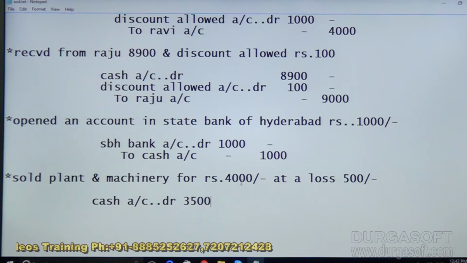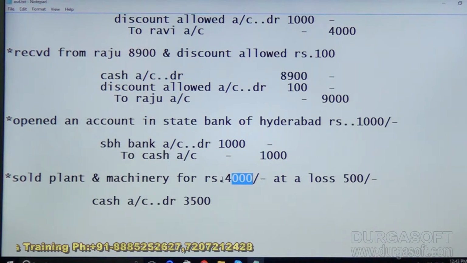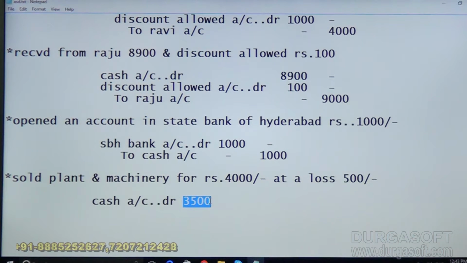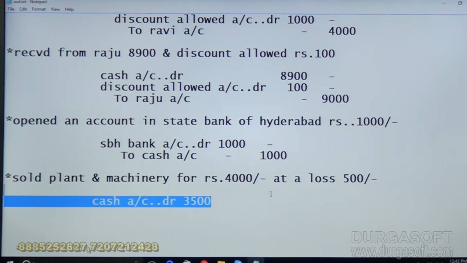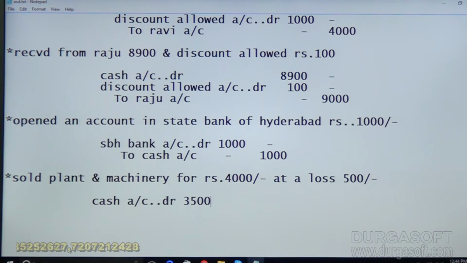So the total amount here is 4000 rupees, meaning we need to tally the debit and also the credit. Here we got debit side 3500; if we got 3500, at credit there is 4000, right? So do not bother about the credit side. And what do we need to write here?